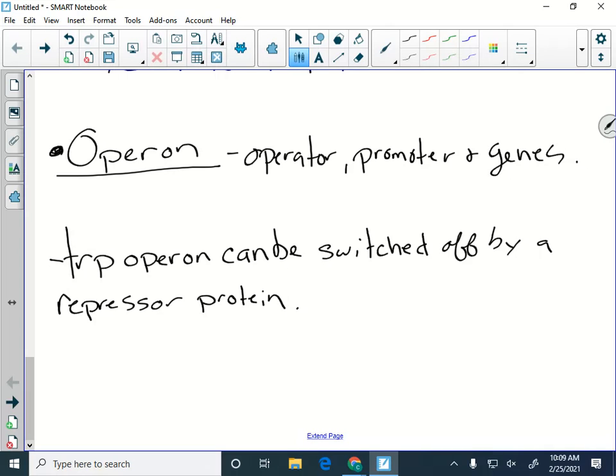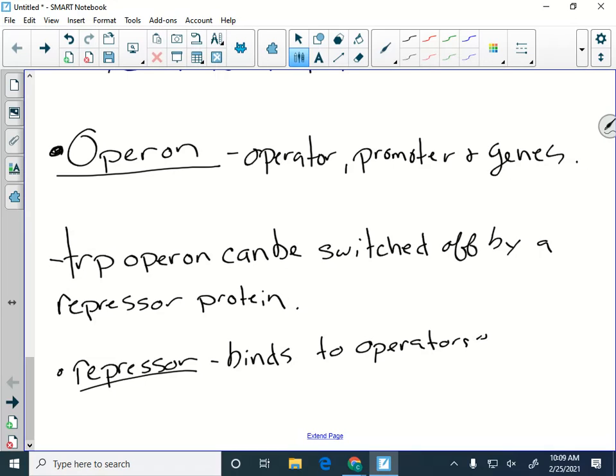That is all repressors. So a repressor binds to operators and blocks RNA polymerase.